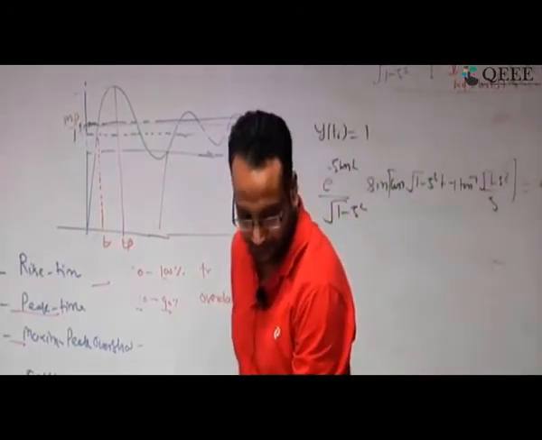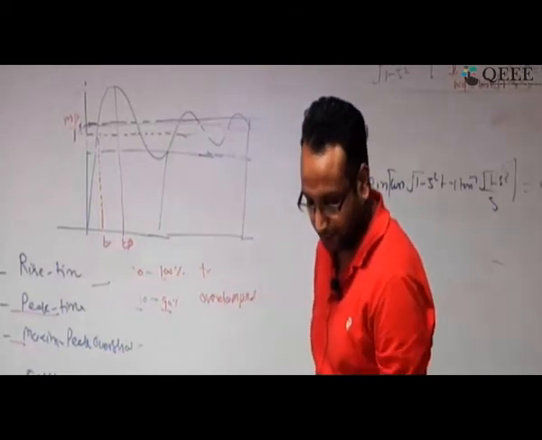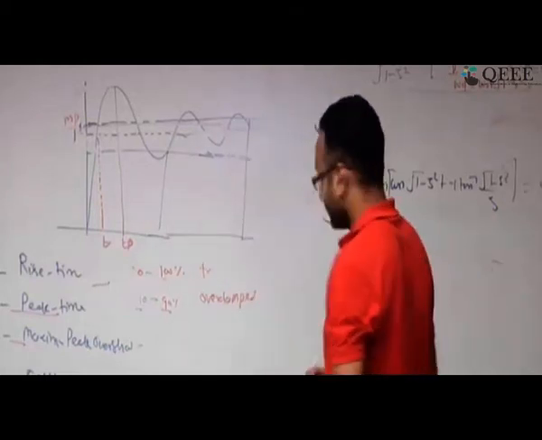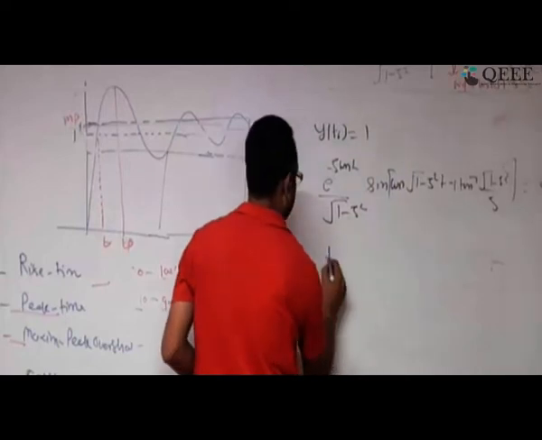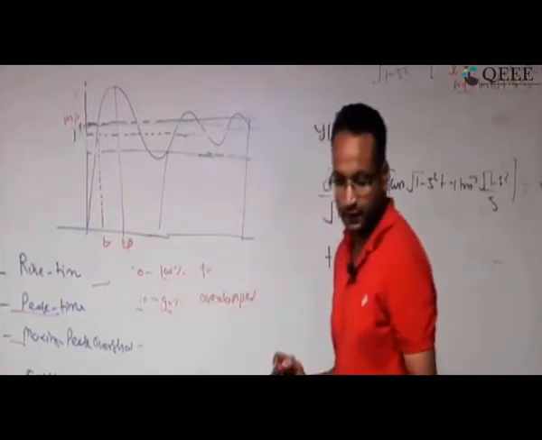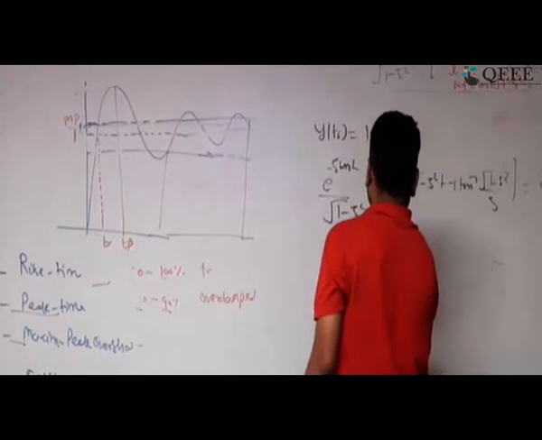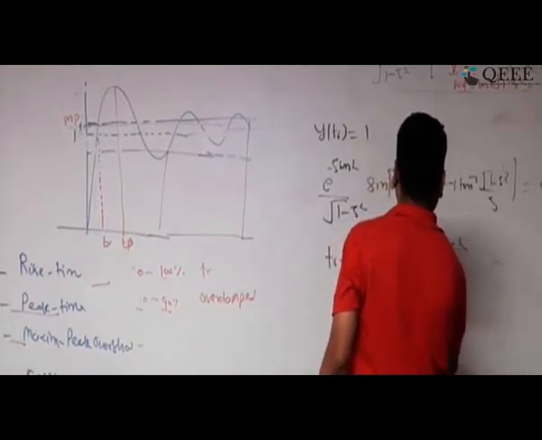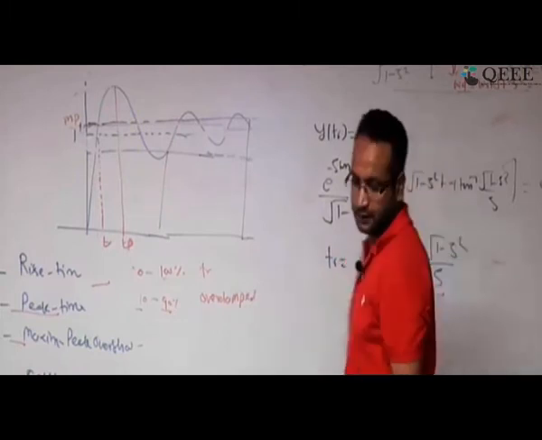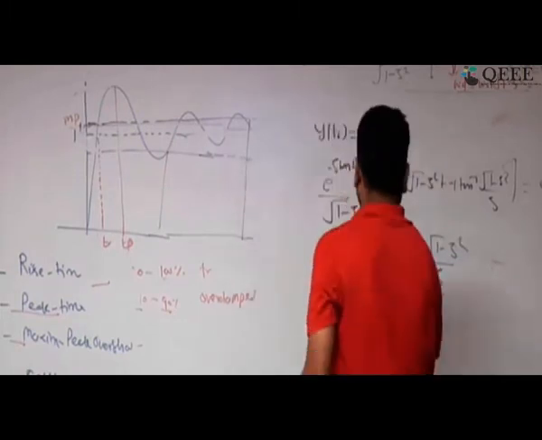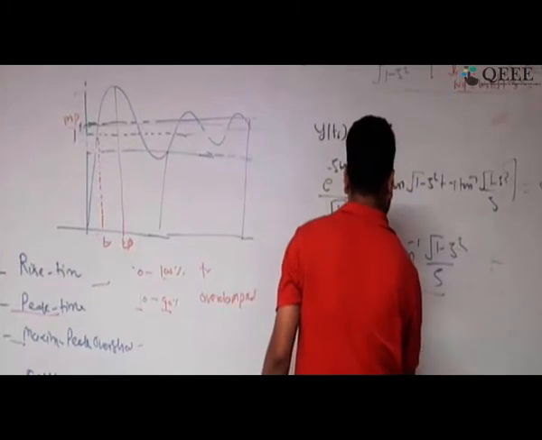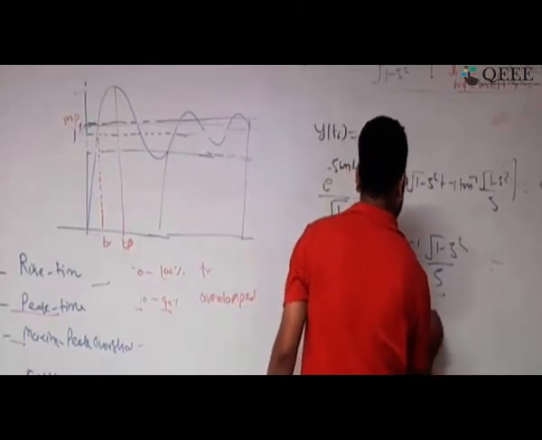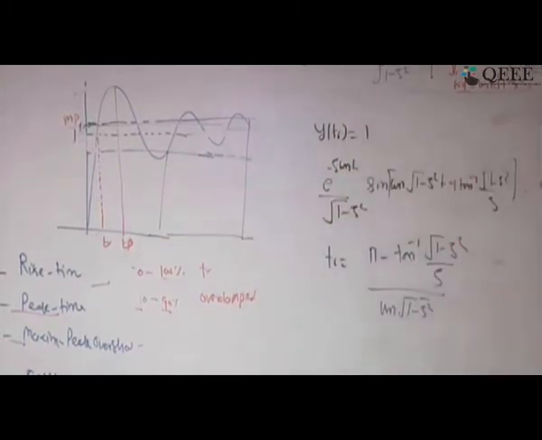which I am not doing, this will lead to rise time t_r equal to phi minus tan inverse root of 1 minus zeta square by zeta, divided by omega n root of 1 minus zeta square. Okay.